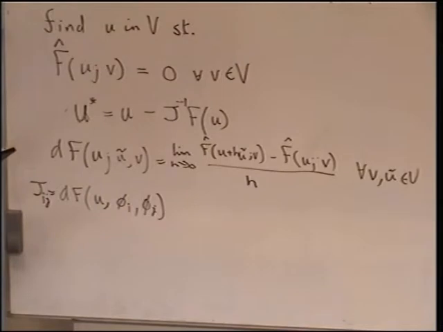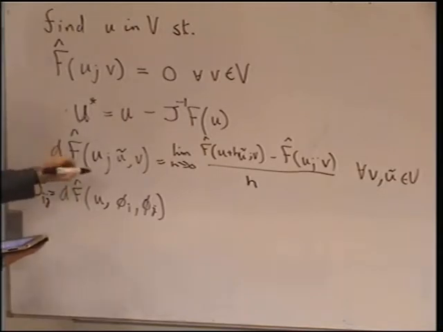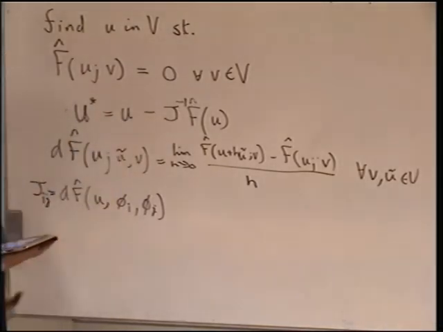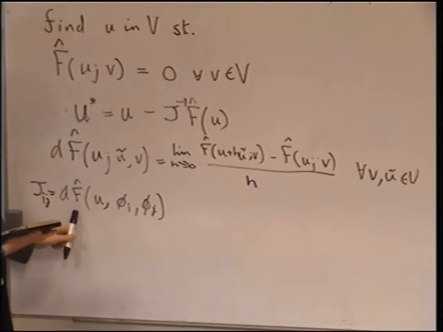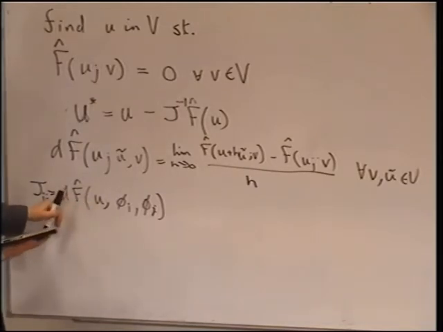So now let's work out. We have our definition of f hat all the way through here. We have our definition of f hat on the boundary condition notes, right?